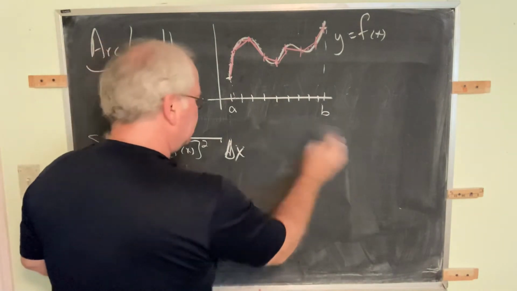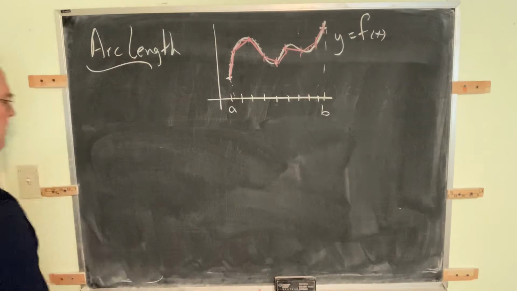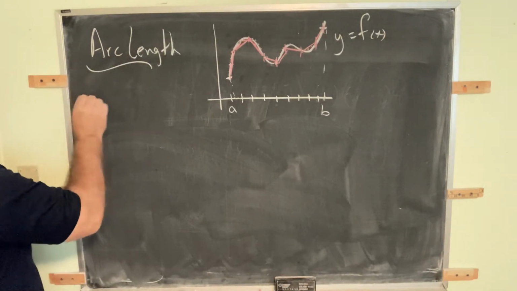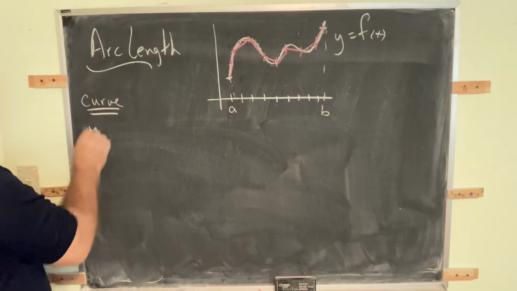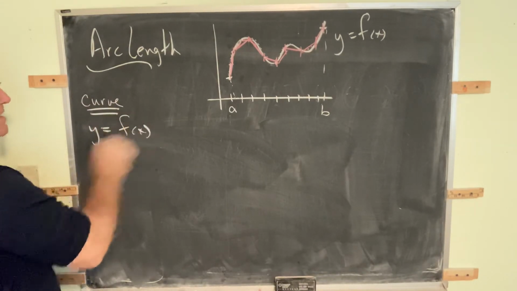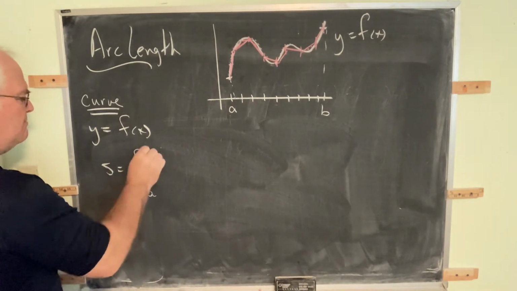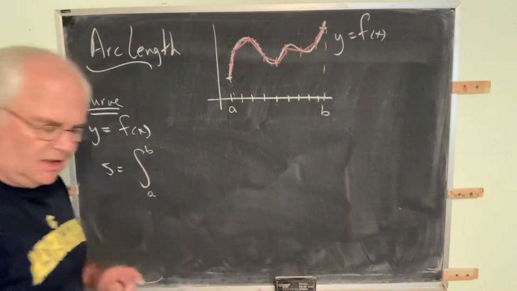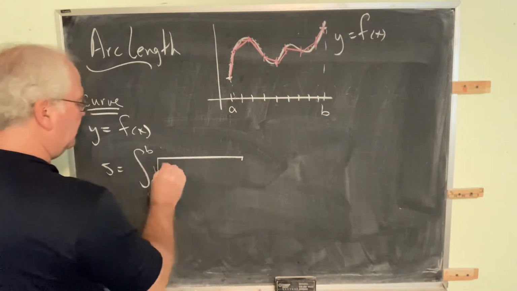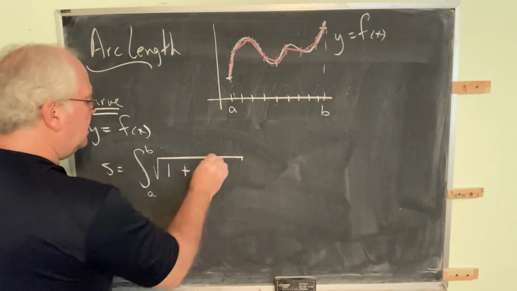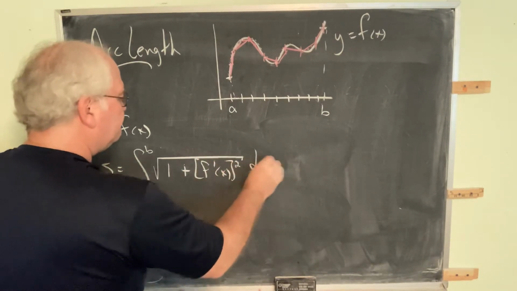But for our purposes, it suffices to say this. The arc length is given by the following. If the curve is given by y is equal to f of x, then the arc length is the integral from a to b, the endpoints of the partition, of the square root of 1 plus the derivative quantity squared.